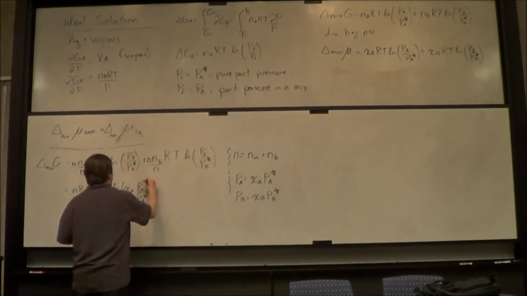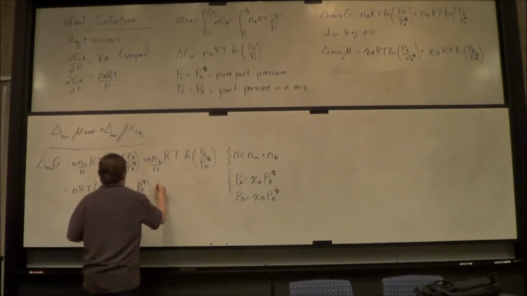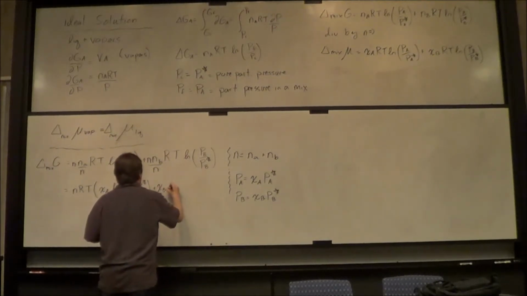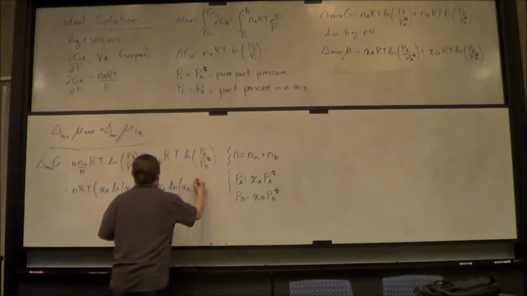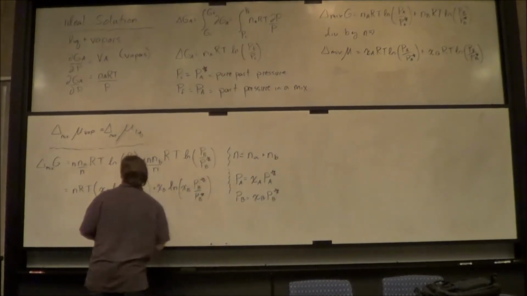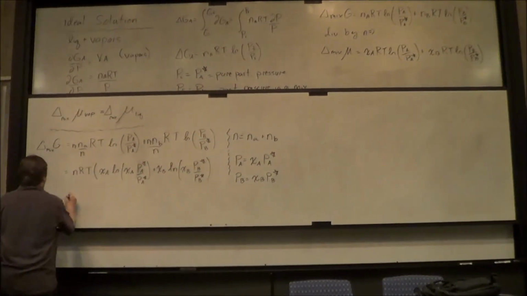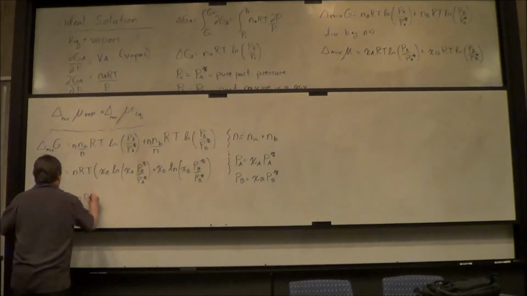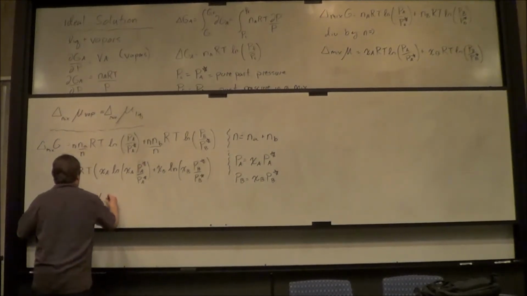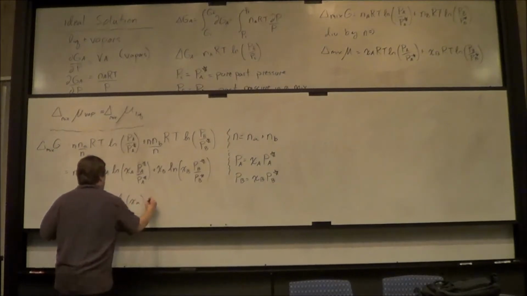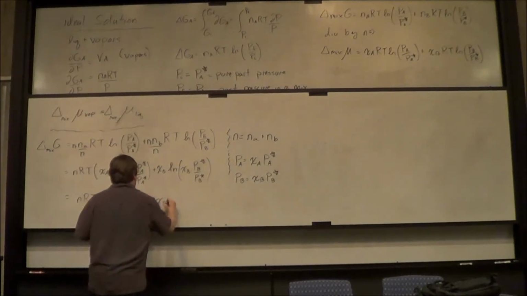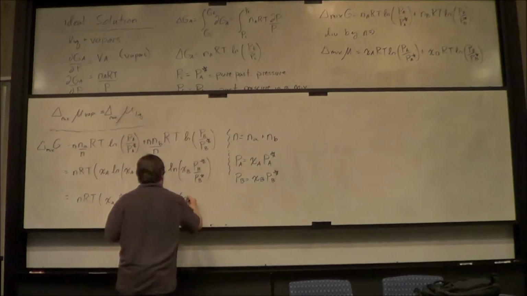Well, they're both stars, so that's a 1. Plus chi B, Ln chi B, PB over PB star. They're both star because I just introduced Dalton's law. And then that simplifies a little further. nRT times chi A Ln chi A plus chi B Ln chi B.